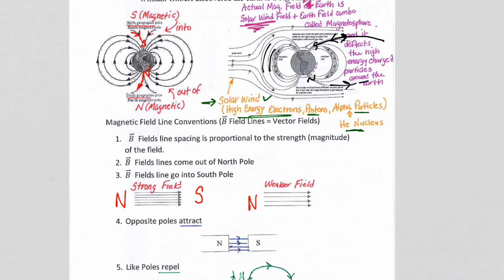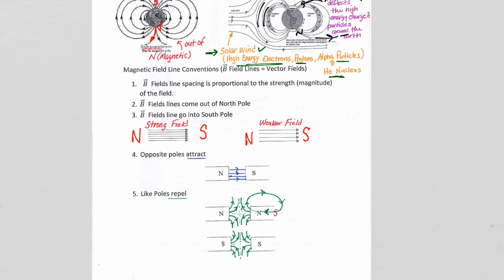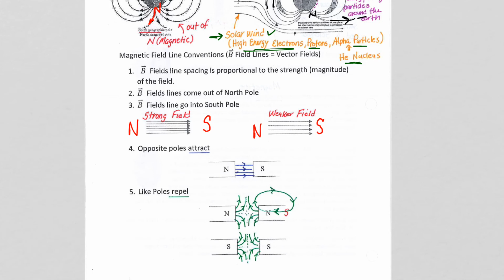A weak field is indicated by the field line spacing further apart. And we also observe that a north and south pole of a permanent magnet will attract each other, and a north and north pole and a south and south pole will repel each other.